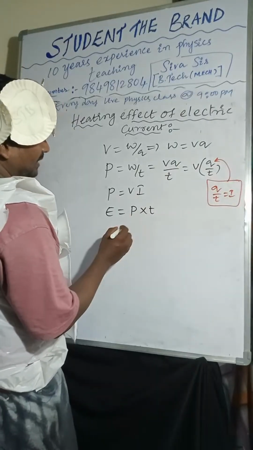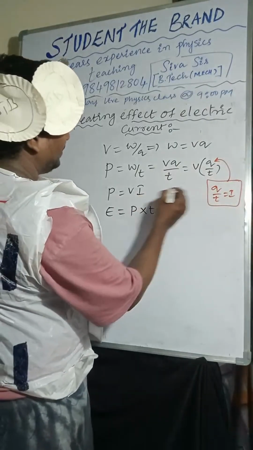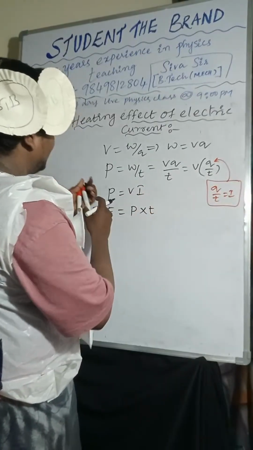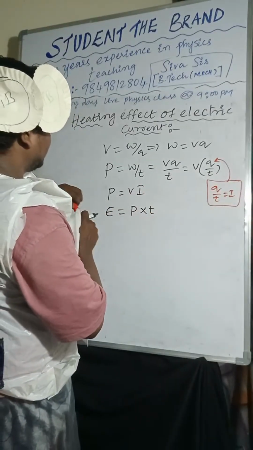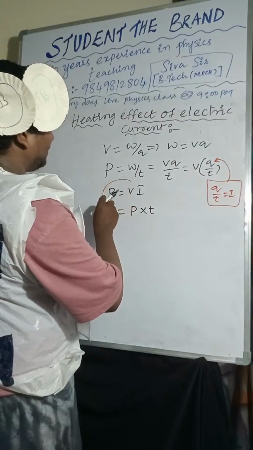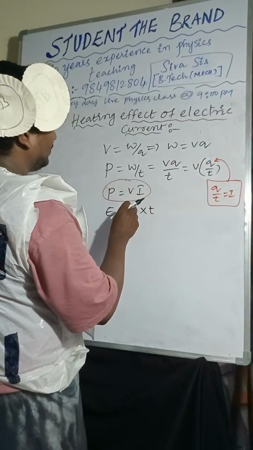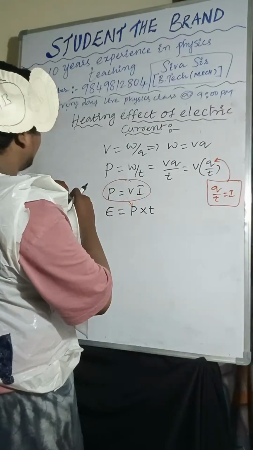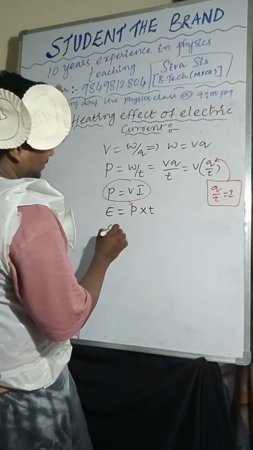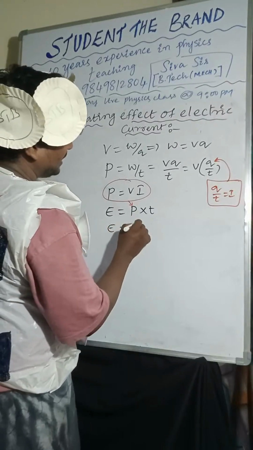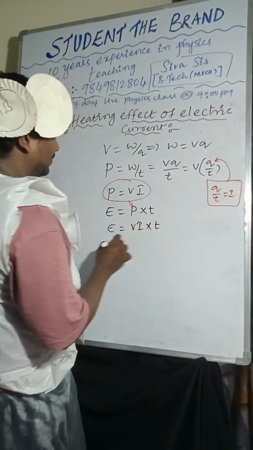So in the place of P, we can substitute VI. Whatever energy is given to the conductor becomes heat.